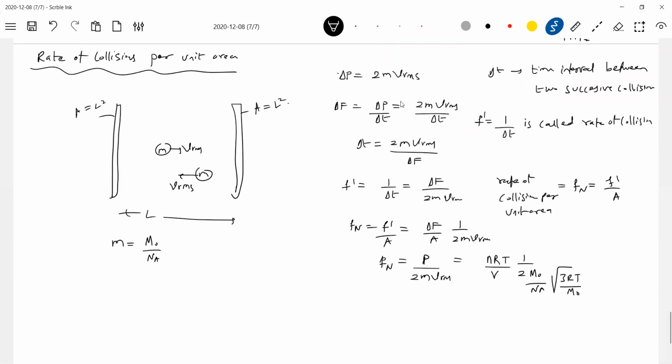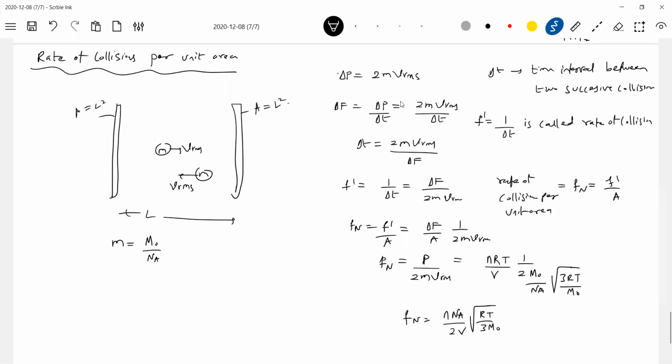Root of 3RT by m naught. Let me readjust all the things: N_A, this will be 2V, m naught by RT by 3 m naught. Just check the calculation.